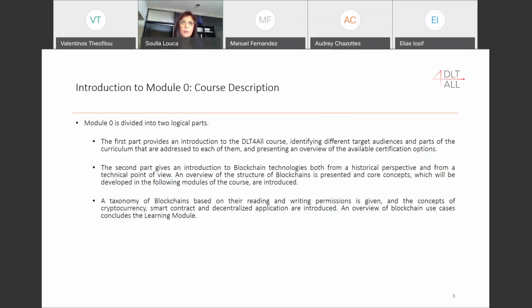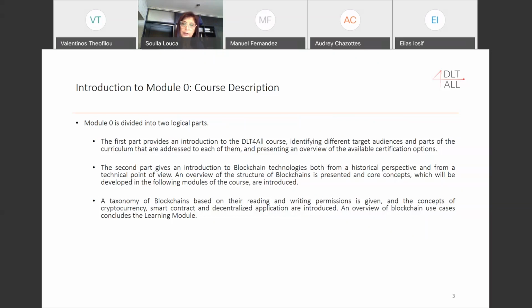So this module is actually divided into 2 logical parts. In the first part, we will be introducing the DLT4ALL, identifying the target audiences, and the part of the curriculum that we are addressing.